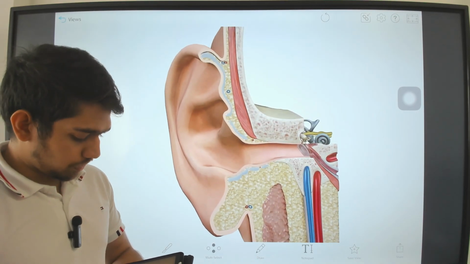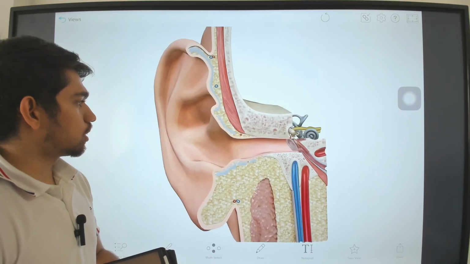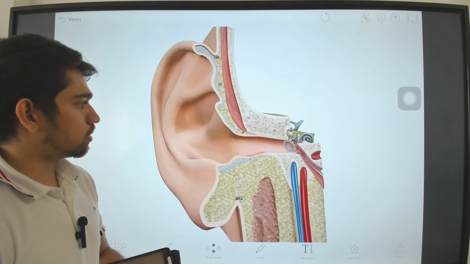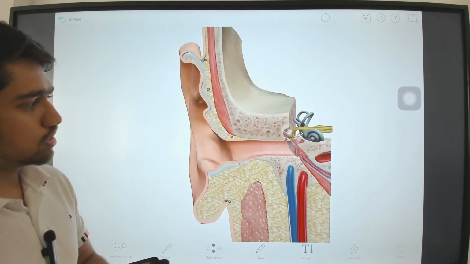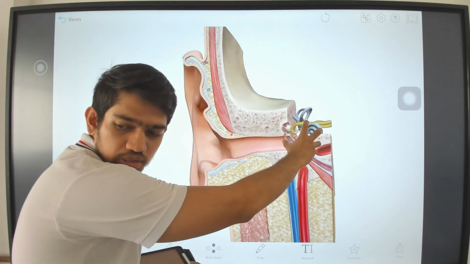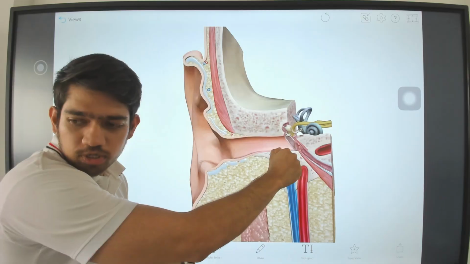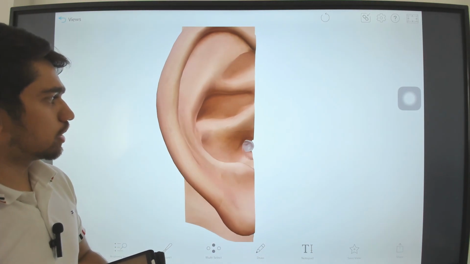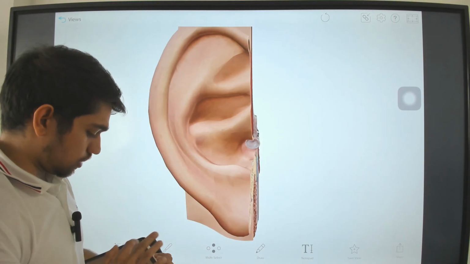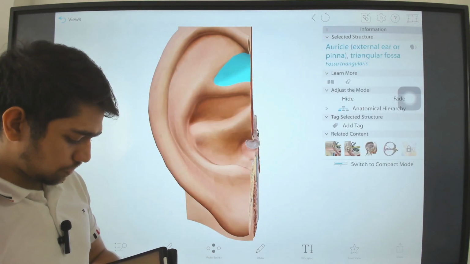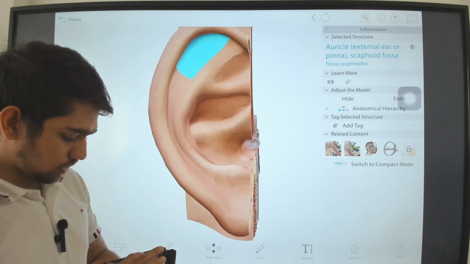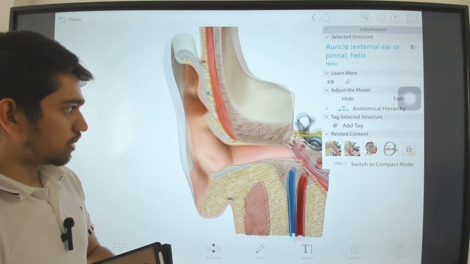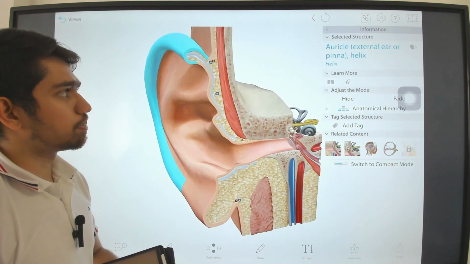With the external appearance of the ear, as you can see, by looking at it from the outside, you can see how small, complicated and compacted all the inner ear structures are compared to this external ear, which is called the pinna. As a whole it is called the pinna.